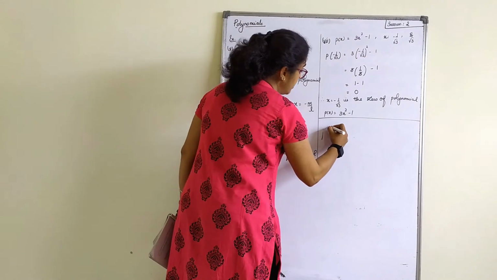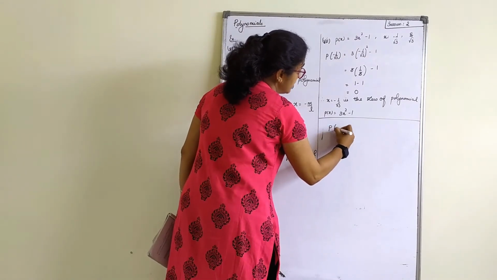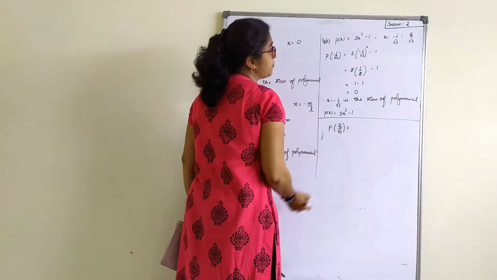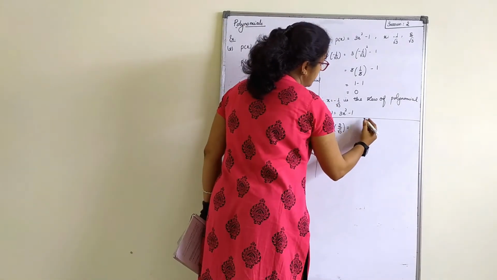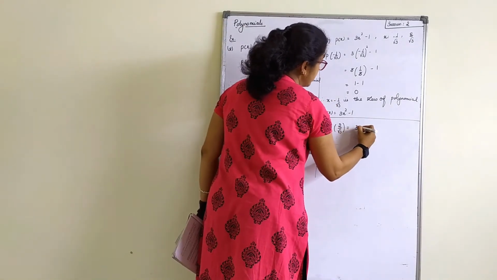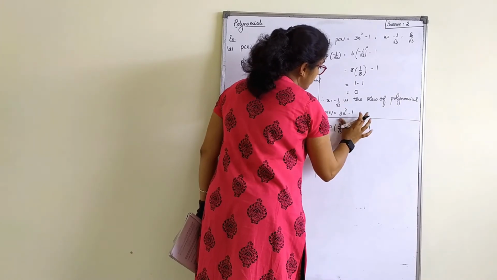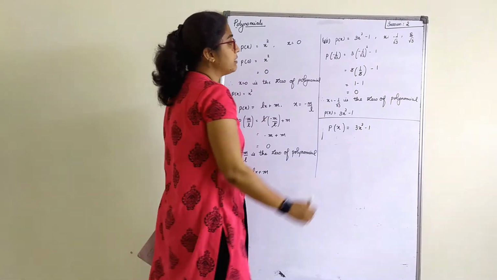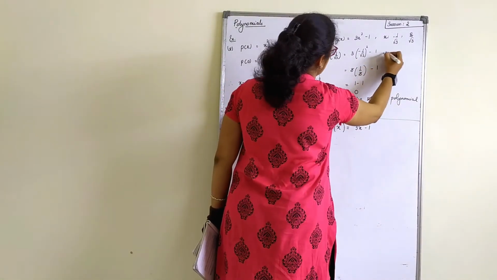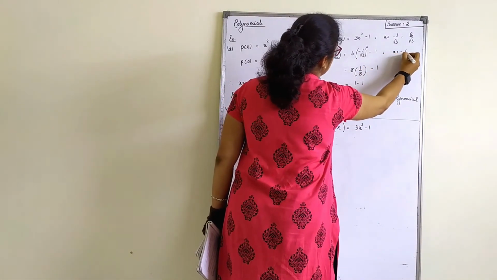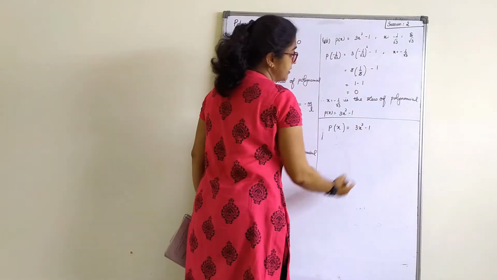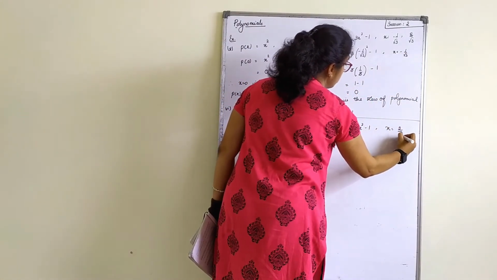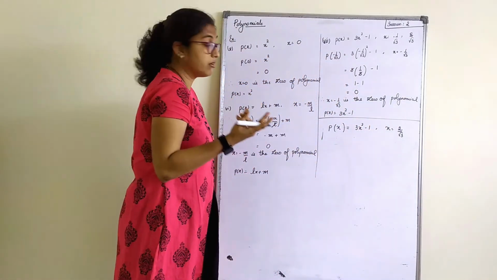What they have given, where again the value is 2 by root 3, the next part. So I will substitute that value. If you want, write the equation once again, p of x is equal to 3x square minus 1. Now here x is equal to minus 1 by root 3, and I will write here x is equal to 2 by root 3. They have given us 2 values to find out, correct?